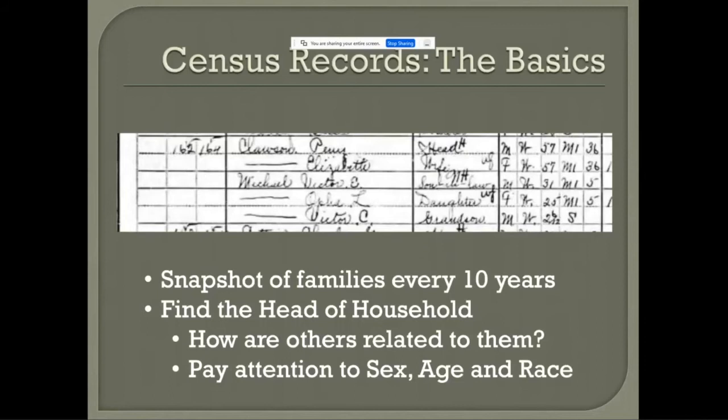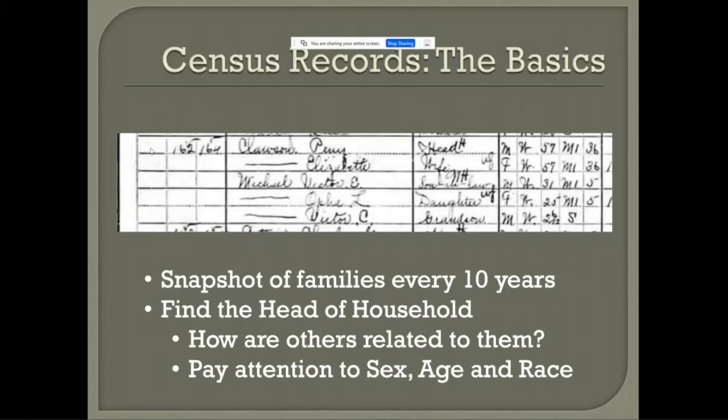So this is what a census record looks like. This is just part of it. Like I said, every 10 years they take the census. This is how it's listed. It shows a snapshot of what a family looked like at that 10-year period. Who was living together in the household?